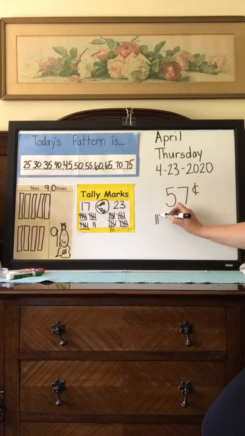1, 2, 3, 4, 5. One group of 5 is equal to 1 nickel.